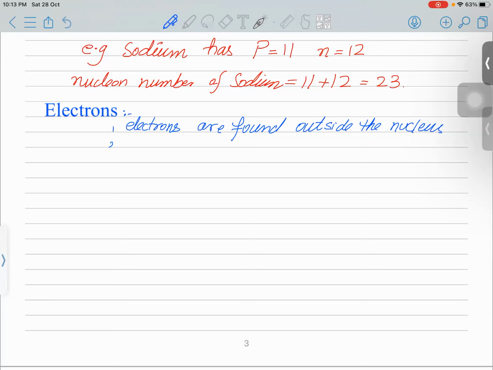Number 2: they are arranged in shells, or energy levels.